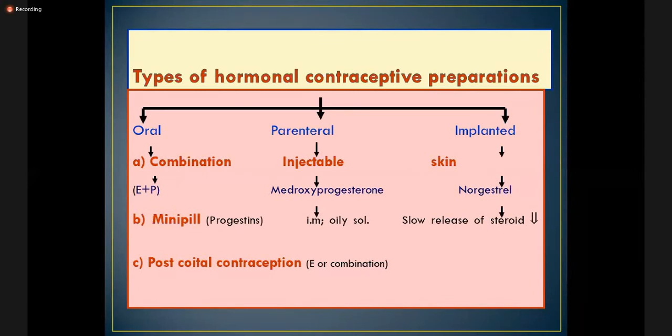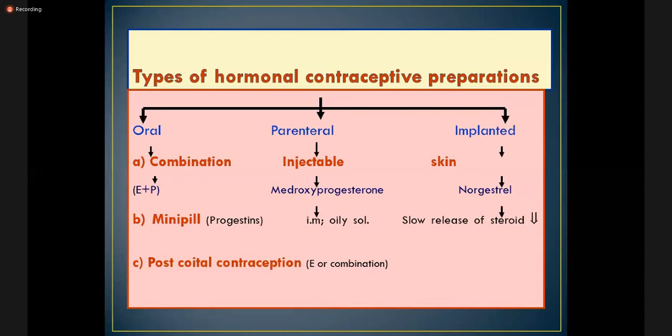The second important type is the mini pill, also labeled as the progestin-only pill. Why are we going to give the progestin-only pill? Because if a patient cannot tolerate the estrogen component, or in conditions where the use of estrogen is contraindicated, in that situation we can use the mini pill or progestin-only pill.